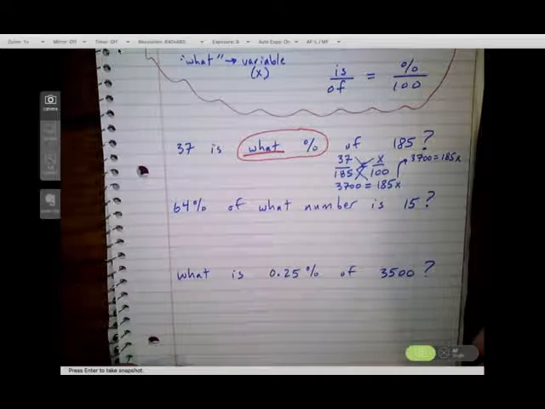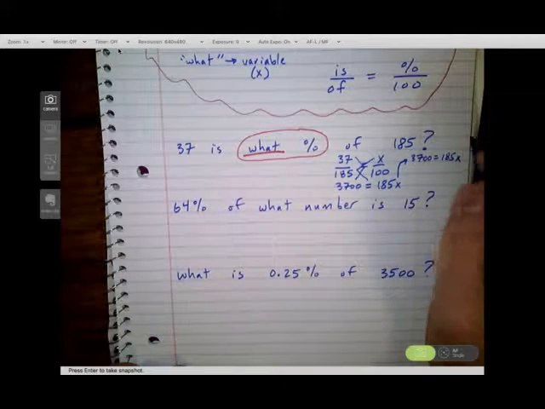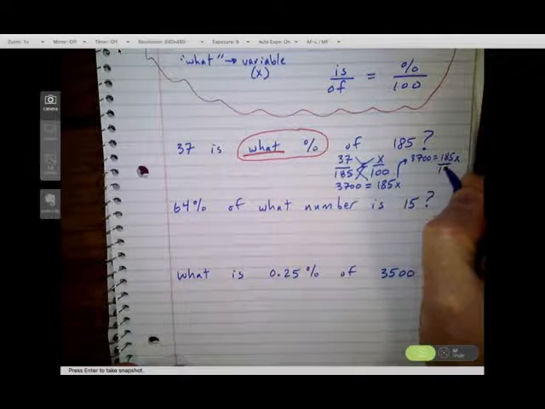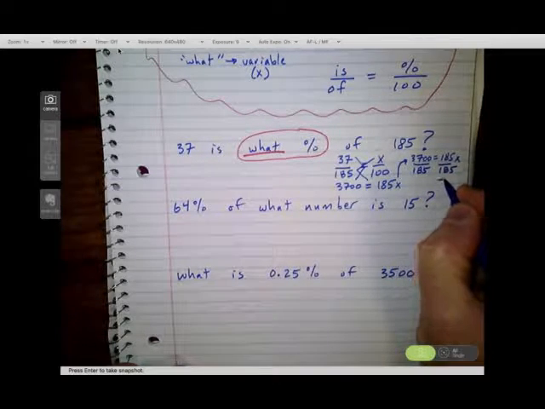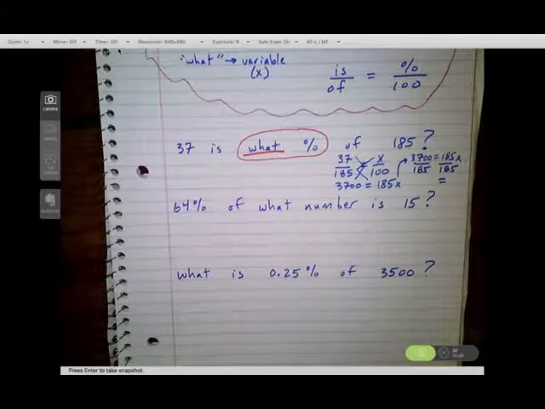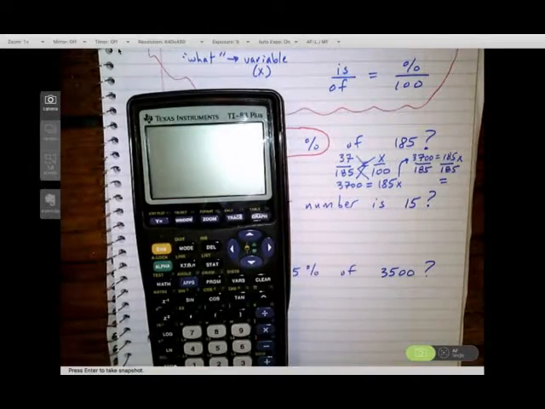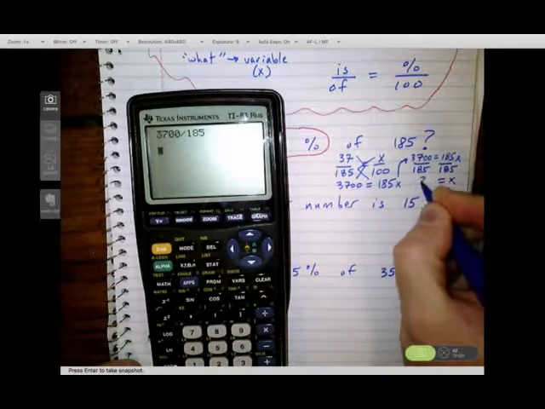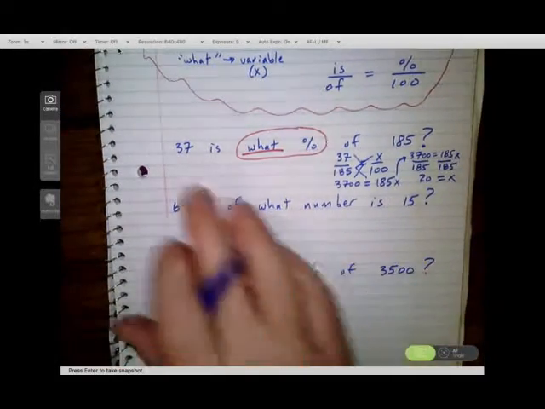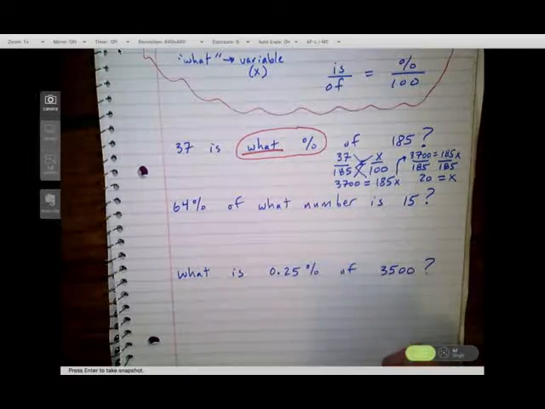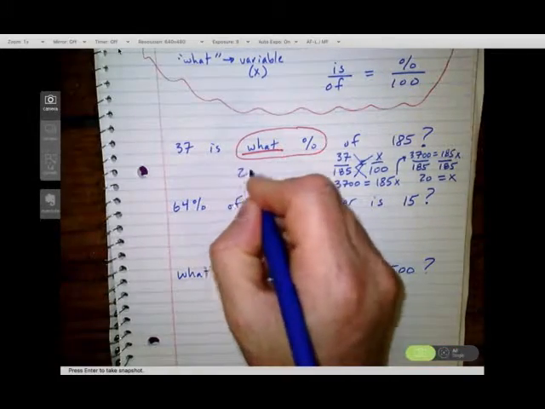To solve that, and this is where the calculator will come in handy, I'm going to divide both sides by 185. My answer will be 3,700 divided by 185, which is 20. So x equals 20. So 37 is what percent of 185? Well, it's 20%.